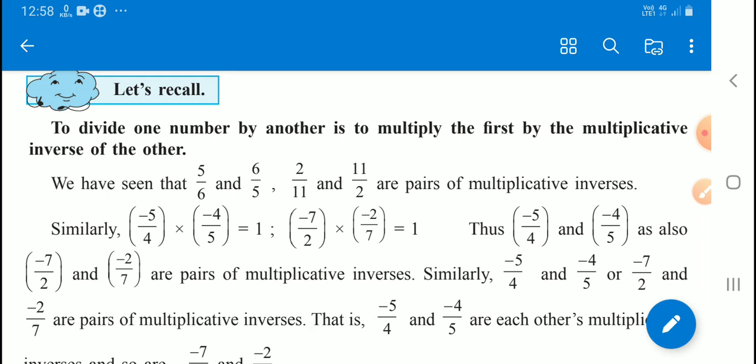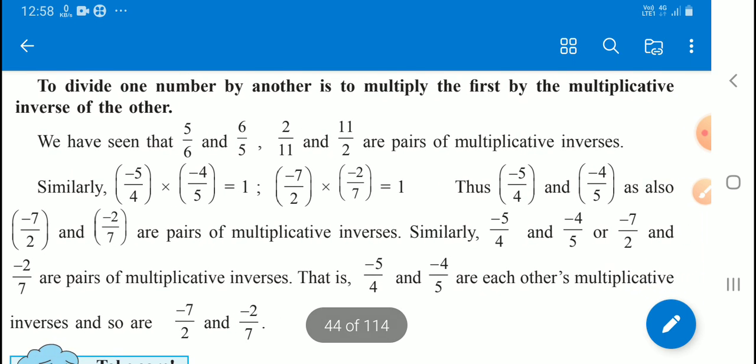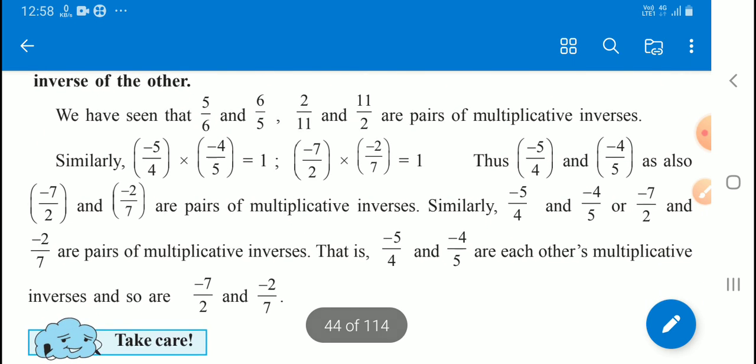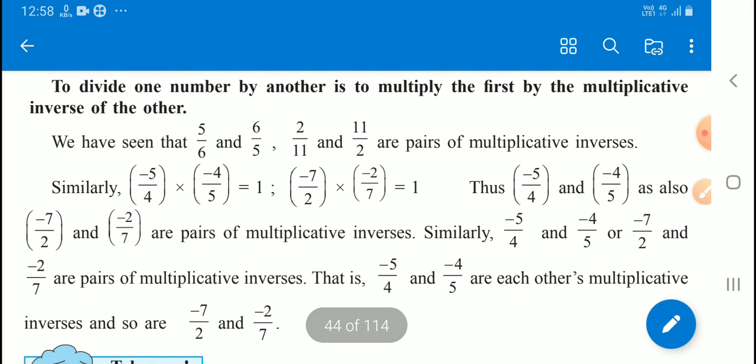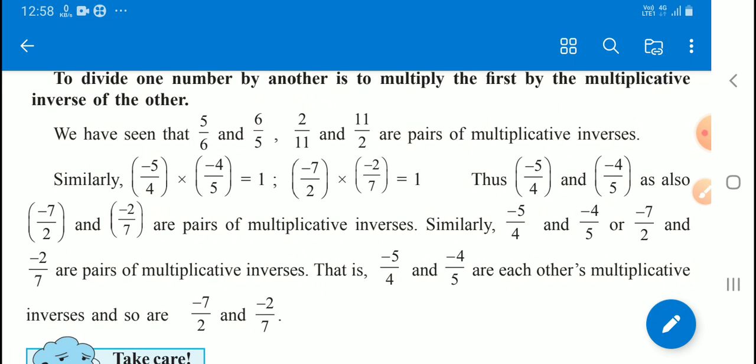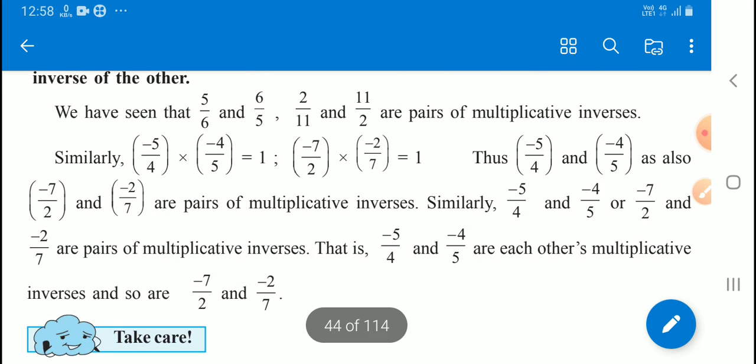Now what is meant by multiplicative inverse? If we change the place of numerator and denominator of a particular fraction and the product of these two numbers is equal to 1, then those two numbers are reciprocals of each other. Here they have given the examples. The reciprocal of 5 upon 6 is 6 upon 5. Reciprocal of 2 upon 11 is 11 upon 2.